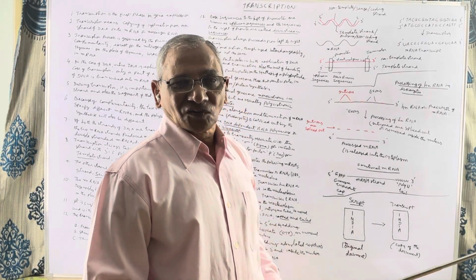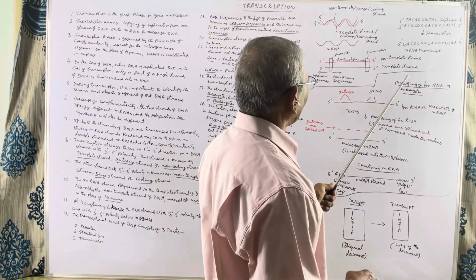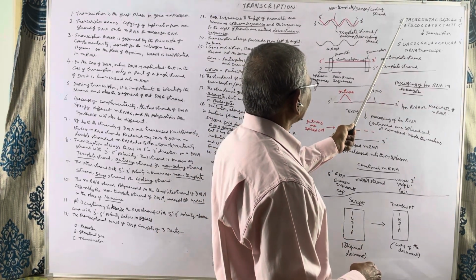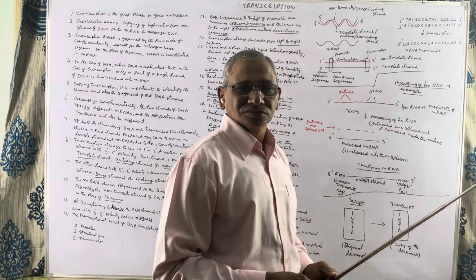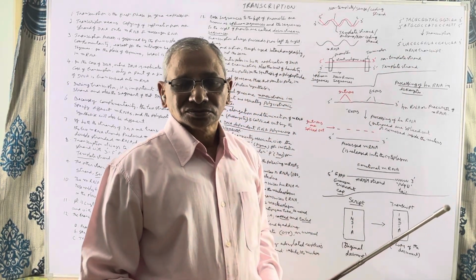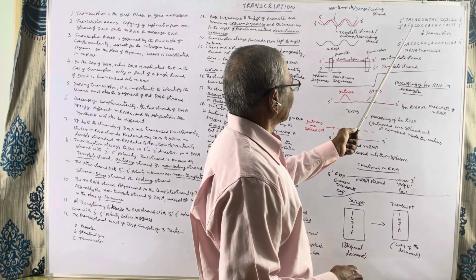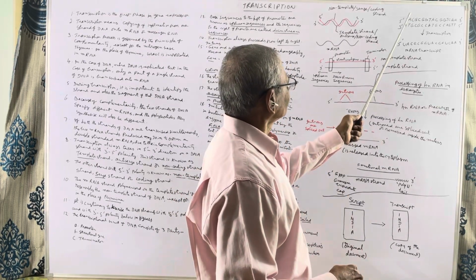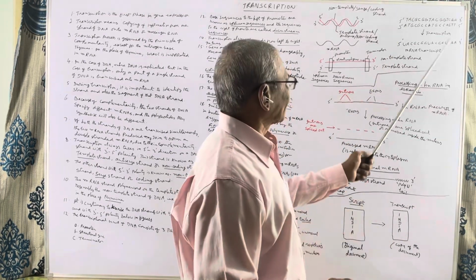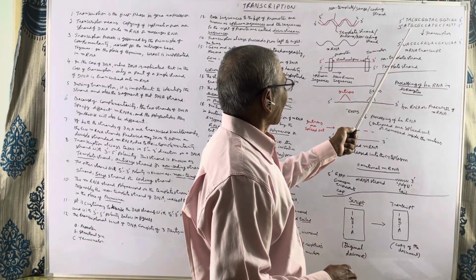The purpose of transcription is to copy the information present on the 5'3' strand, this strand. But if a copy is made from this strand, we get this message. But the message we want is this one. To get this message, we have to make a transcript from this strand.